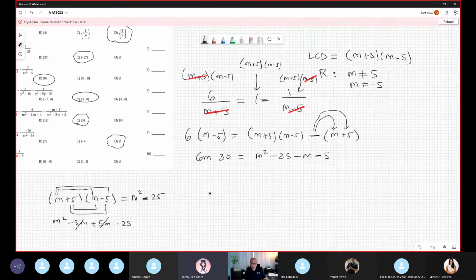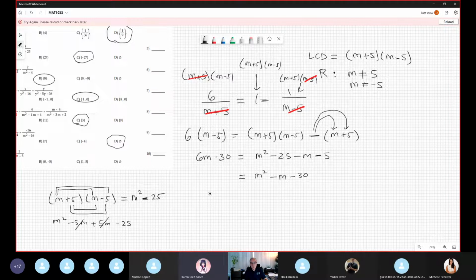Okay, so the focus: we identify that this equation that we get now is not linear, it's quadratic, degree 2. So I try to put it in standard form. First of all, you put m squared, bring down minus m, which is this guy. And minus 25 and minus 5 together is minus 30, right?